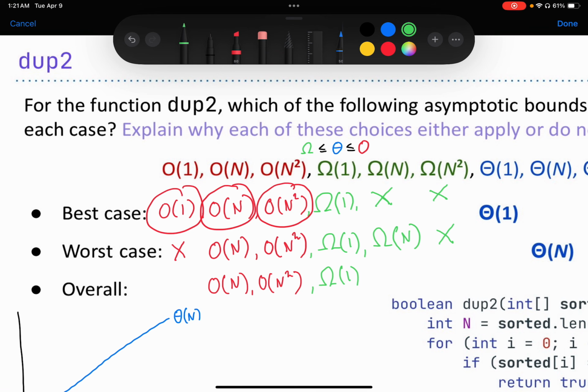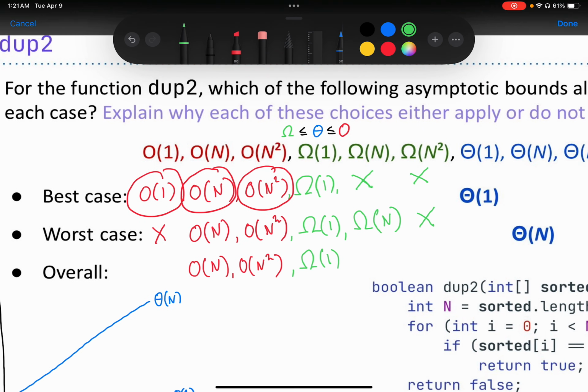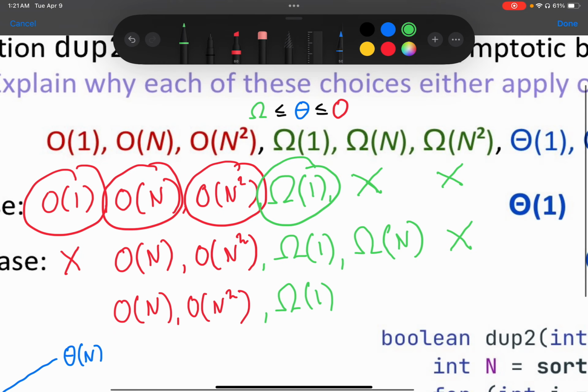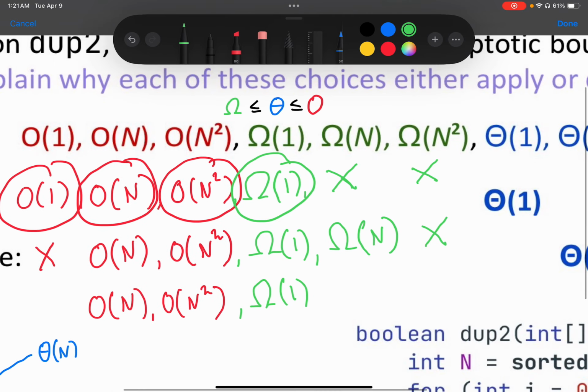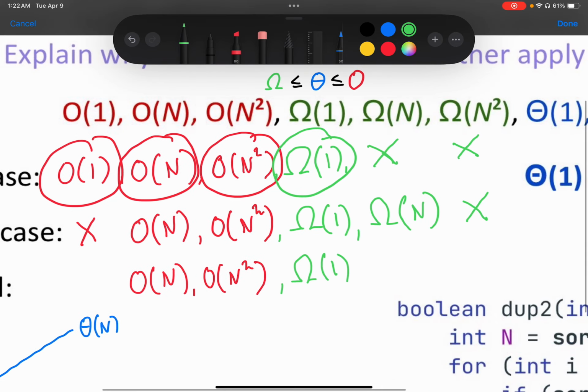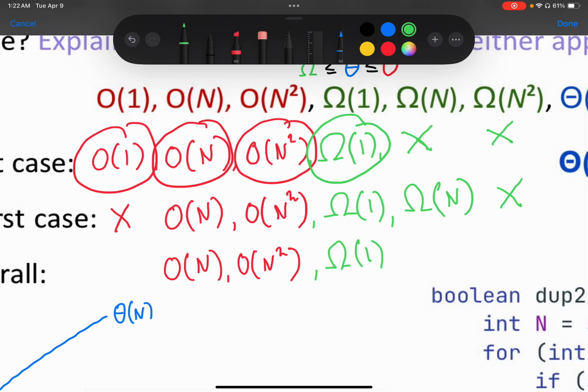Now, when it comes to big omega of 1, we know that theta 1 is equivalent to that. And we also know that theta 1 is not greater than or equal to omega of n, nor n squared. So those two do not apply.